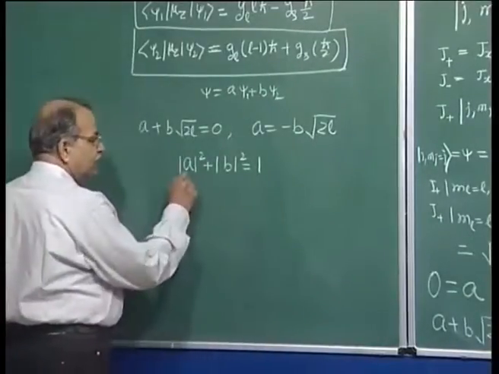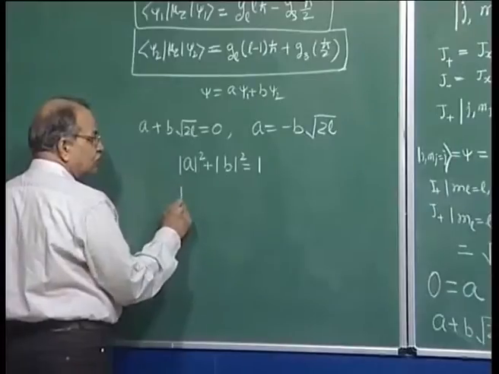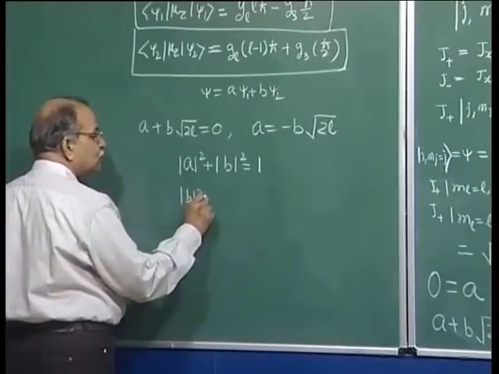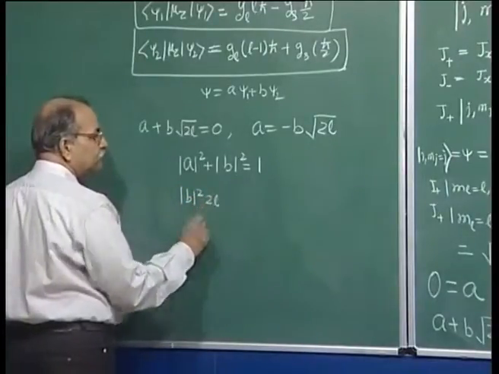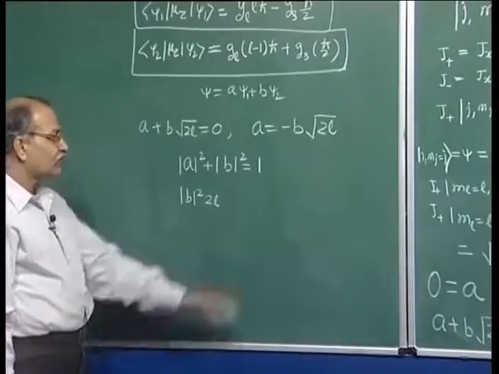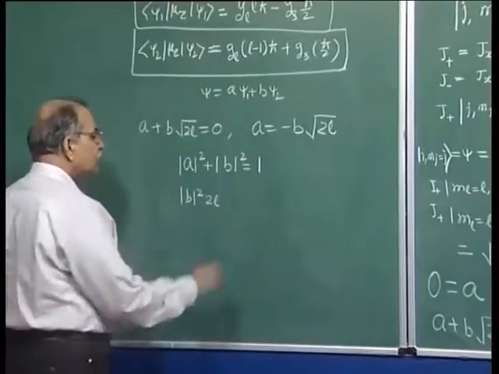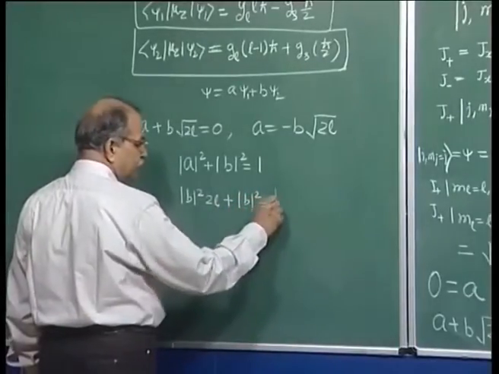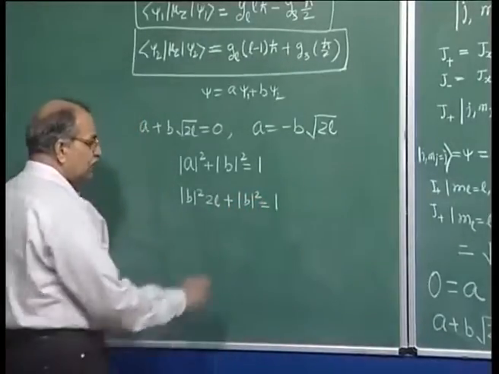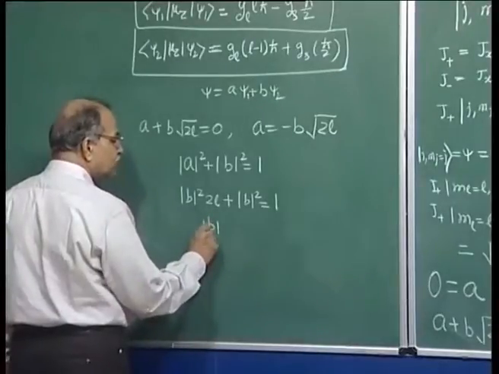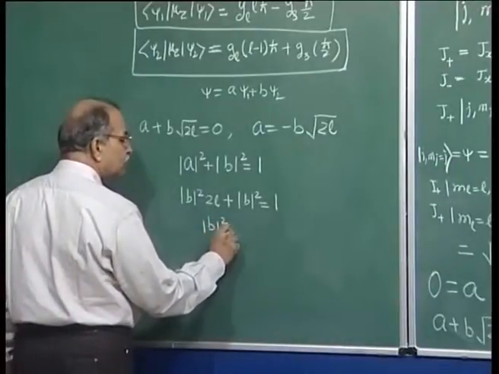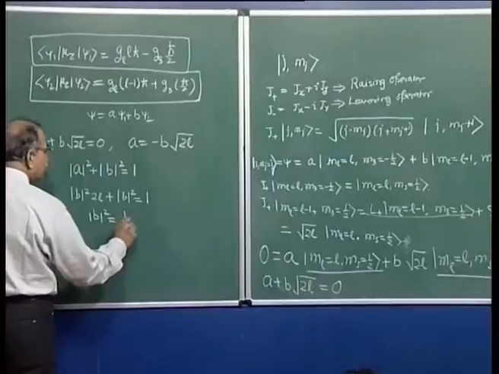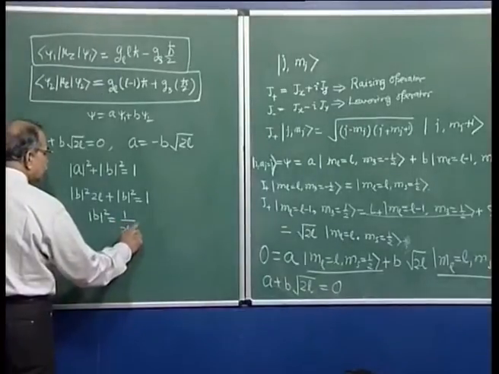So, mod a square is mod b square times 2L, plus mod b square, and that should be equal to 1, and therefore, mod b square should be equal to 1 by 2L plus 1.